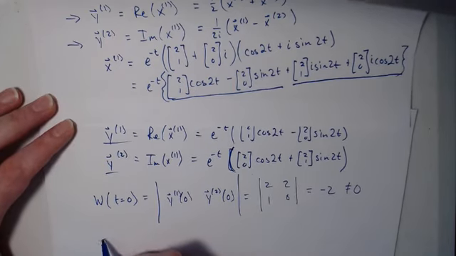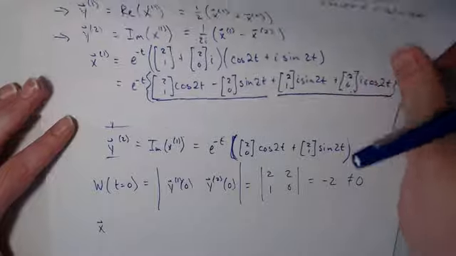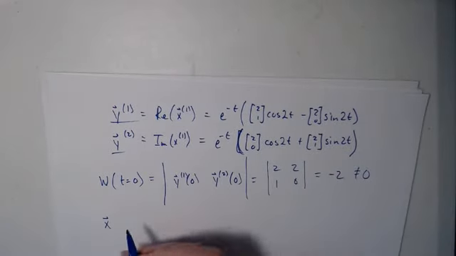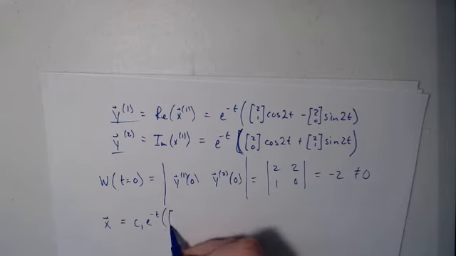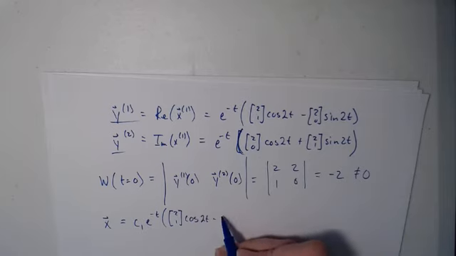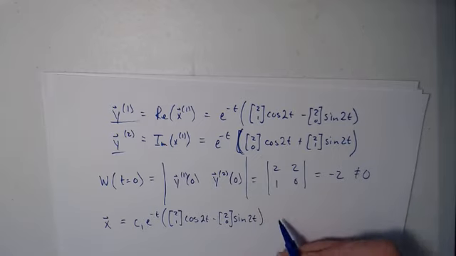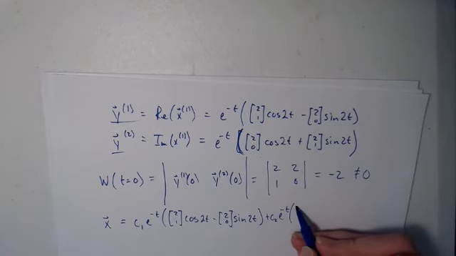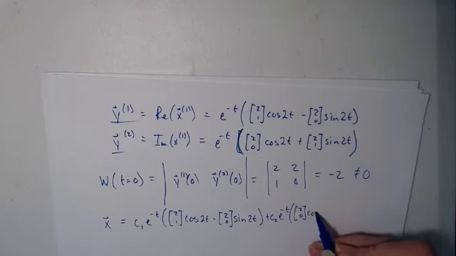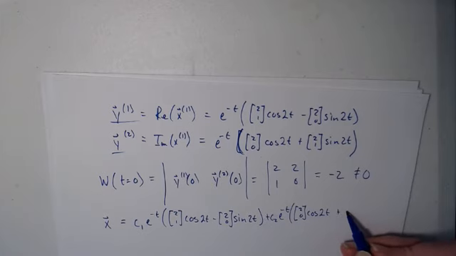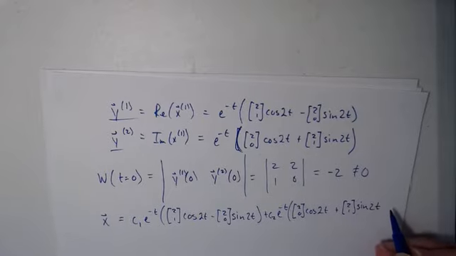So our general solution is c1 e to the minus t times (2, 1 cosine 2t minus 2, 0 sine 2t) plus c2 e to the minus t times (2, 0 cosine 2t plus 2, 1 sine 2t).